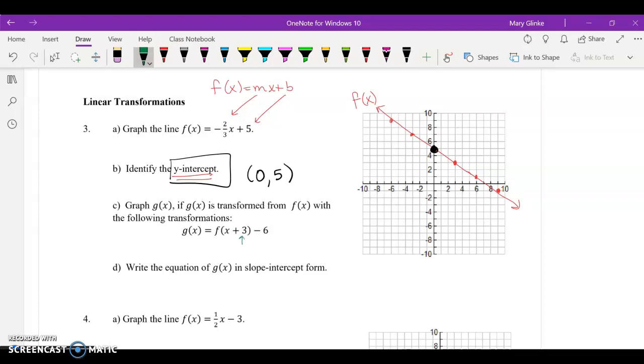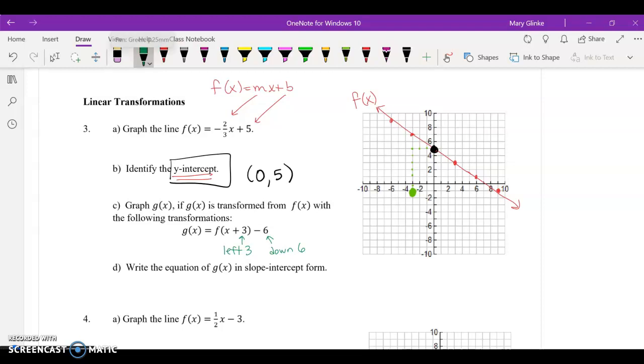If your new function takes the old function and moves it left 3 and down 6, we're going to move this graph left 3 and down 6, and we're going to do that based off of our y-intercept. So let's take this point, go left 3 and down 6 from there, and graph that new point.